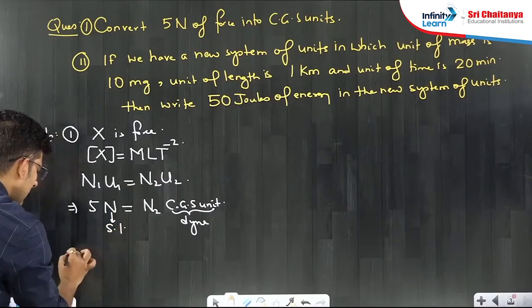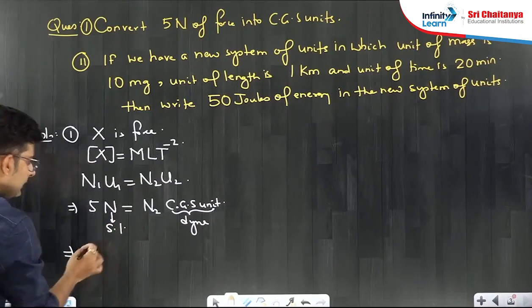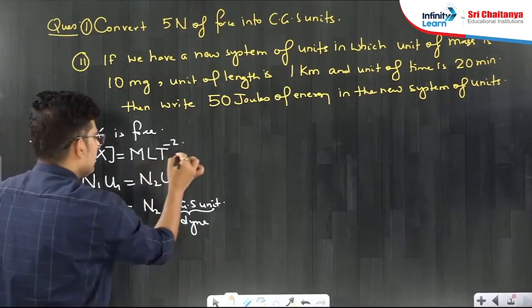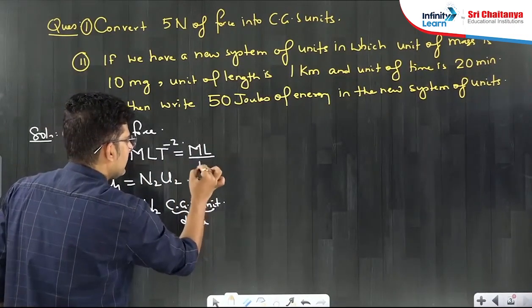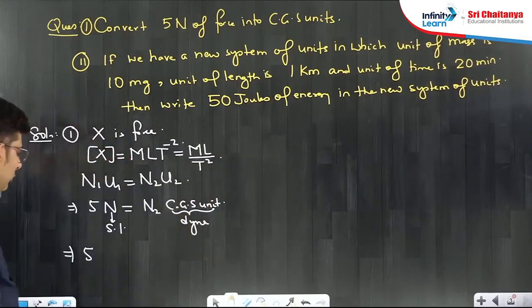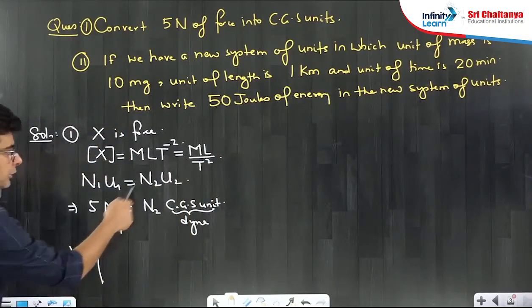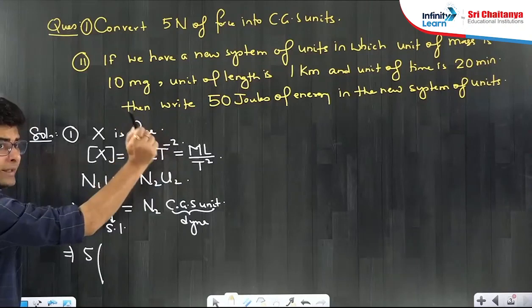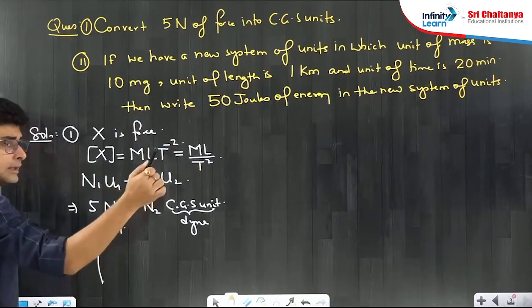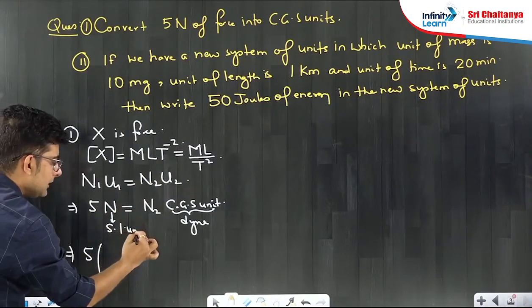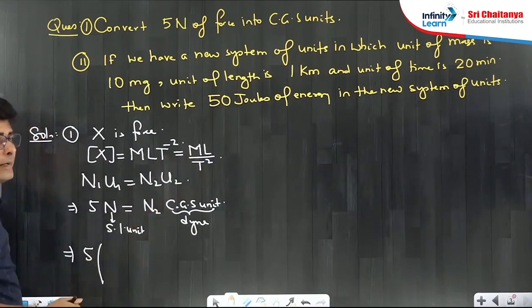You know that Newton is which system? SI. So just focus on this: MLT^-2 can also be written as ML/T^2. Now fill in the values of Newton accordingly. What is the SI unit of mass?